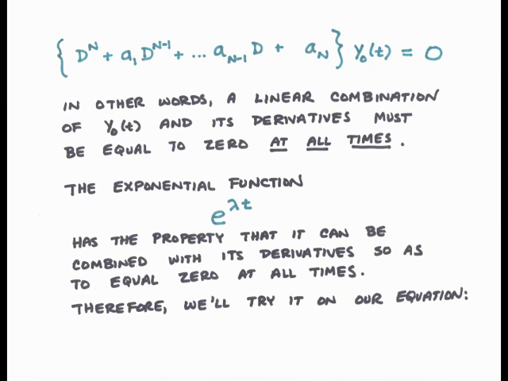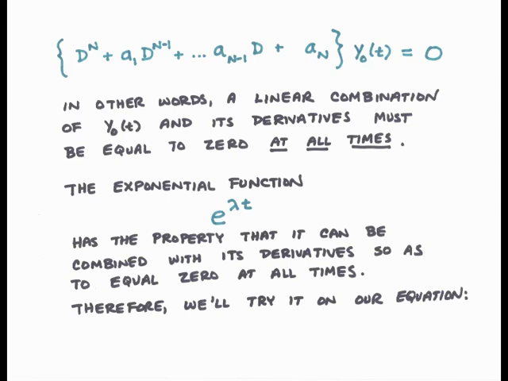It's saying a linear combination of y0 of t and its derivatives must be equal to 0 at each and every time. How is it possible that a function plus its derivatives can be added together to equal 0 at all times? This requires that the derivatives of the function are related directly back to the function.